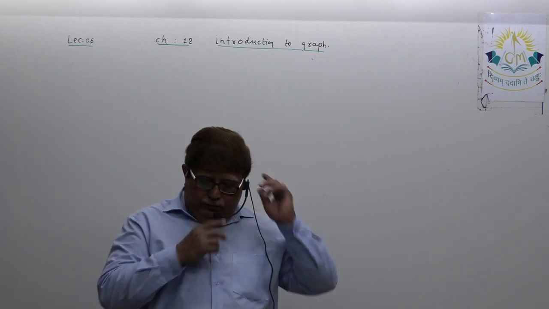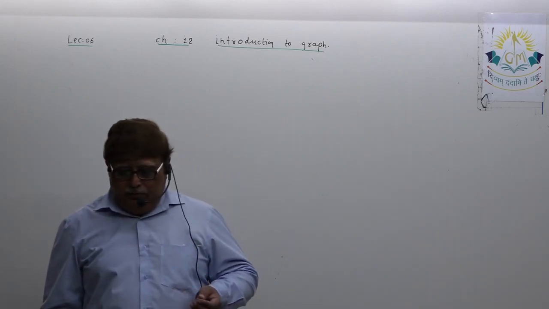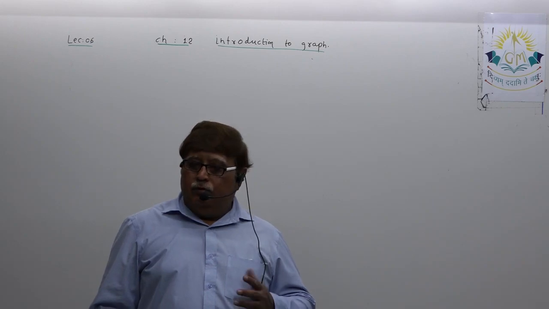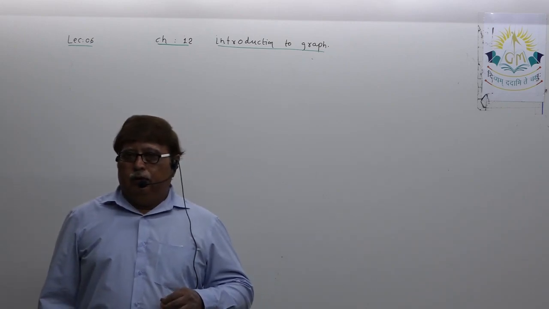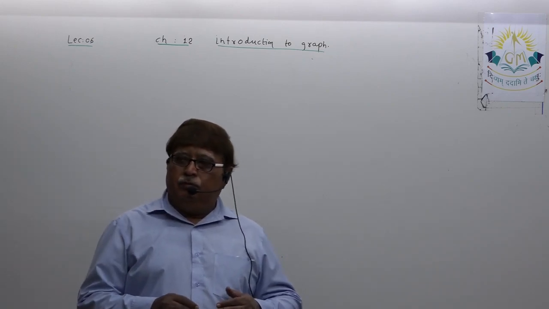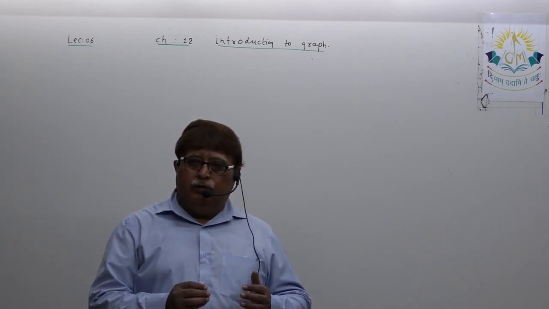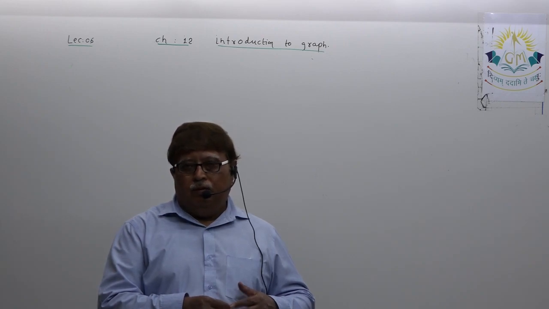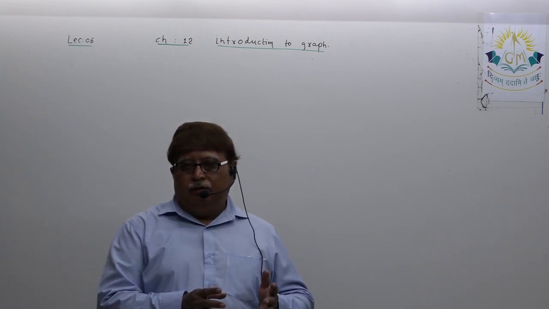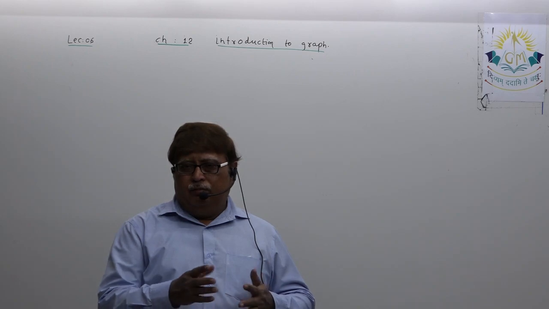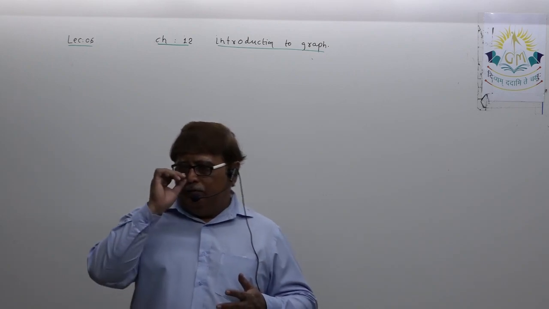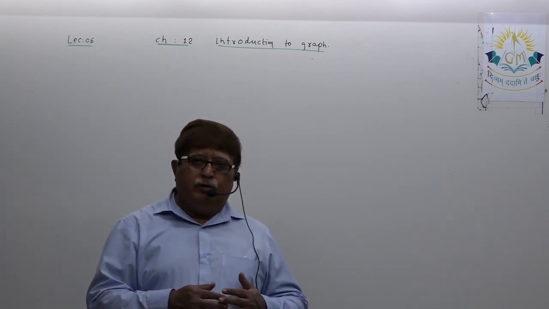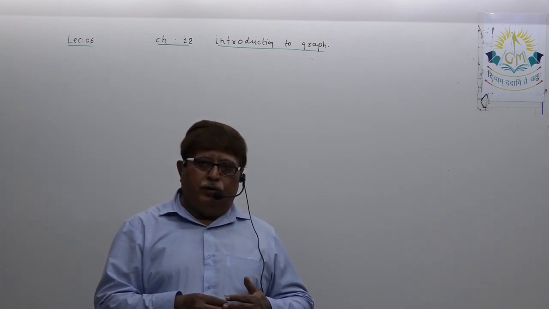Lecture number 6 in chapter Introduction to Graph. As you all know, in lecture number 5, we have taken one particular graph for understanding, where you may come across some difficulties in making the value table which involves the value of pi.